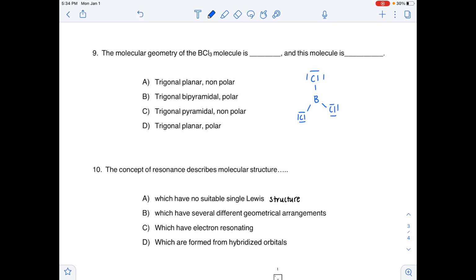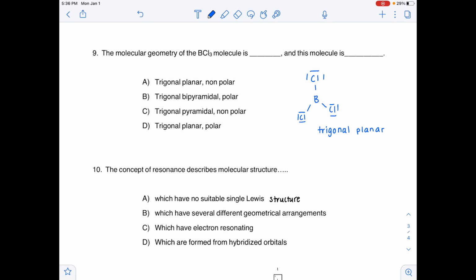They're all going to have 8 electrons. So when we look at this Lewis structure, we see that it has no lone pairs, and it's going to have the trigonal planar shape.